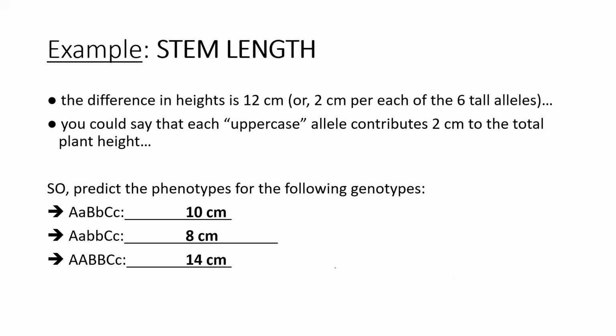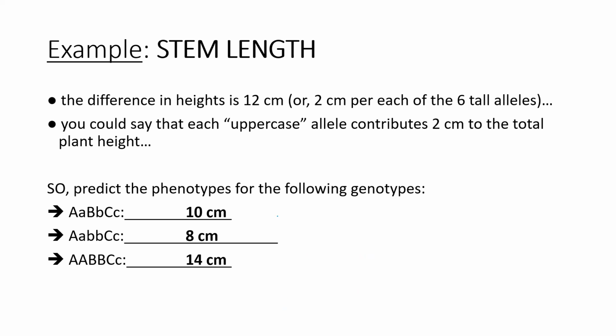The recessive alleles add a little bit of height, but nowhere near as much, right? So the tall genes add more height than the short genes add, but they're all adding height, if that makes sense, right? So therefore, the more dominant alleles you have, the taller you're going to be.